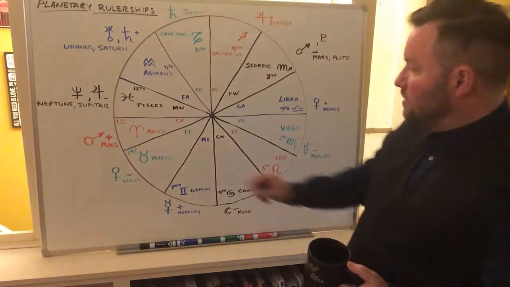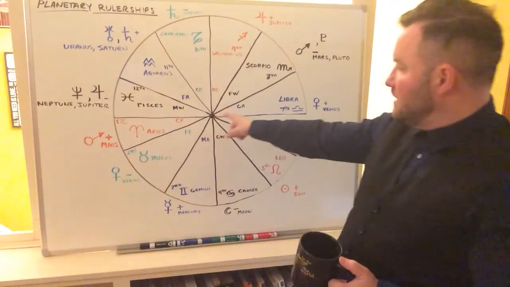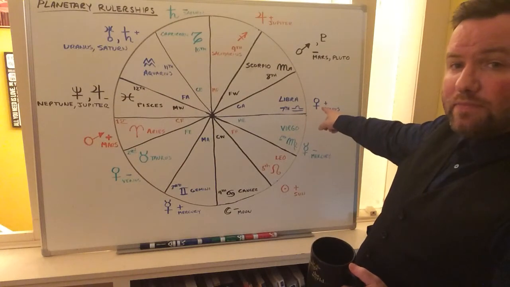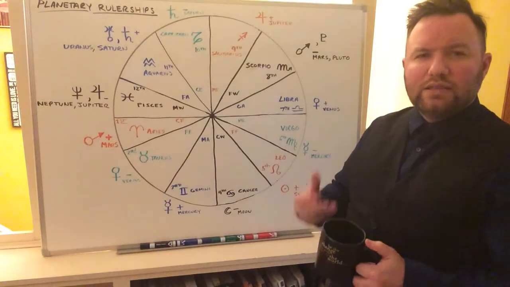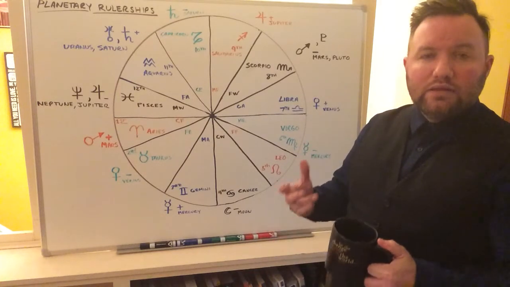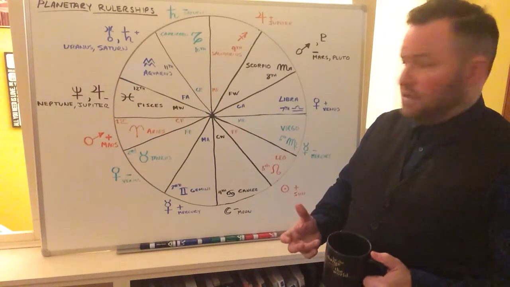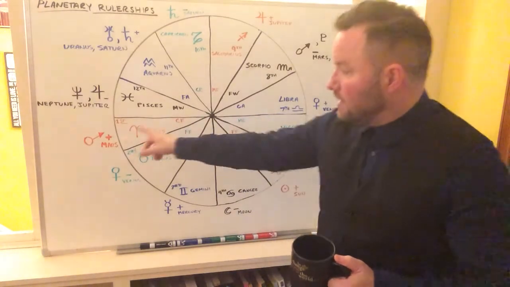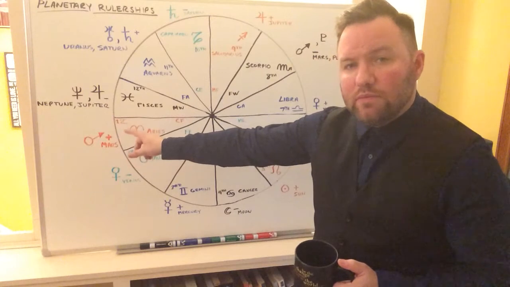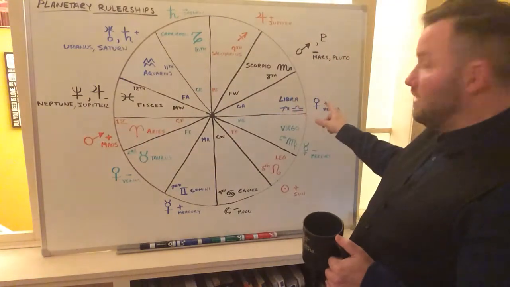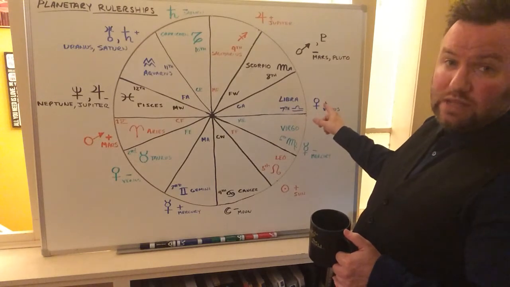Now, if we go across, you'll notice on the opposite end we have Libra, which is ruled by Venus. If you really want to understand the dynamism of opposites in the zodiac, look at how they oppose each other on the wheel. The character of the ruling planet of the sign on one side will be opposite of the character of the ruling planet on the other side.